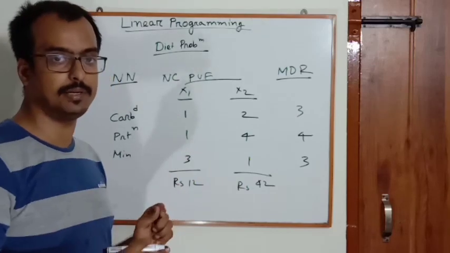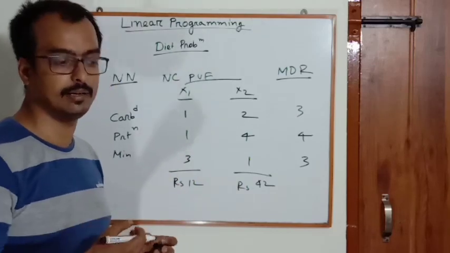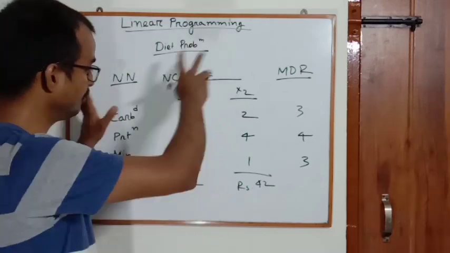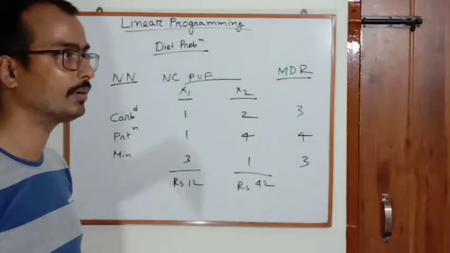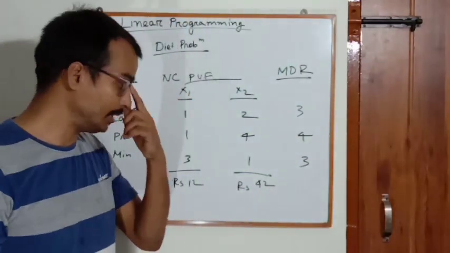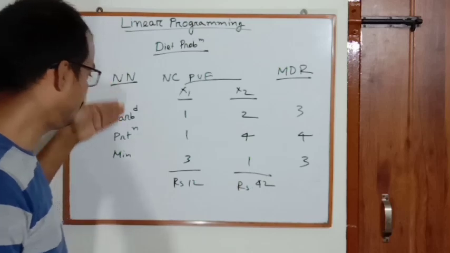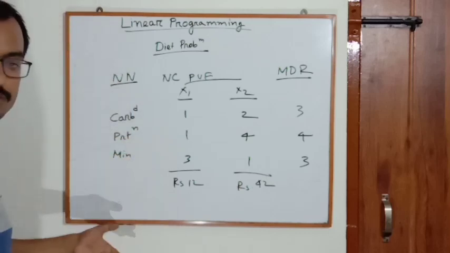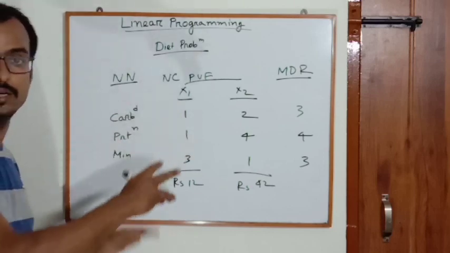In my last example, only a single nutrient was there and a single decision was there, but here it is a complex decision, because when you give dinner or lunch, it will be a variety of foods, and accordingly you have to take the decision, and there will be a variety of nutrients. There may be vitamin A, B, and all these things here also, but we are keeping it simple.